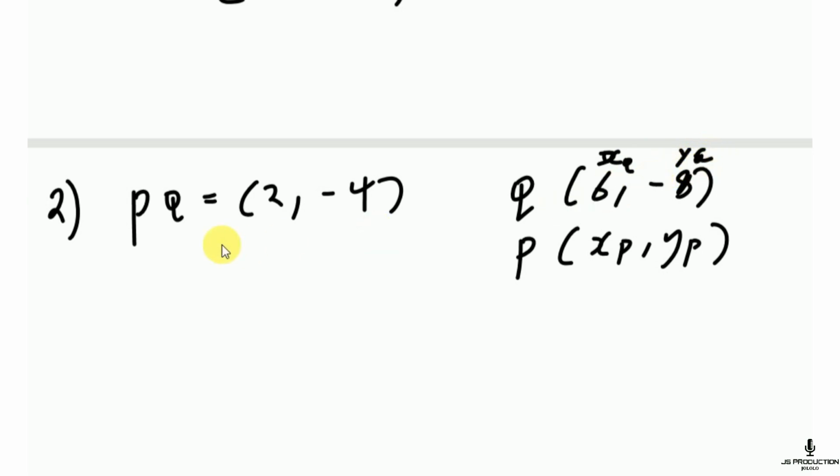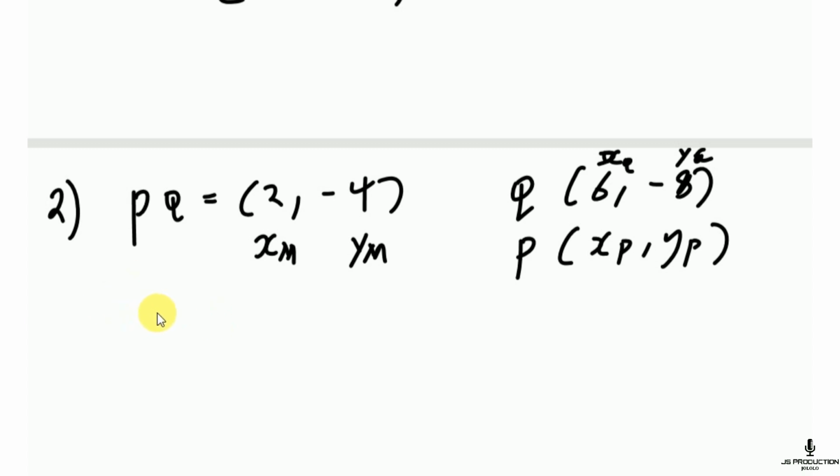And we know that this point 2 represents xm and negative 4 represents ym. So let us write down the formula.